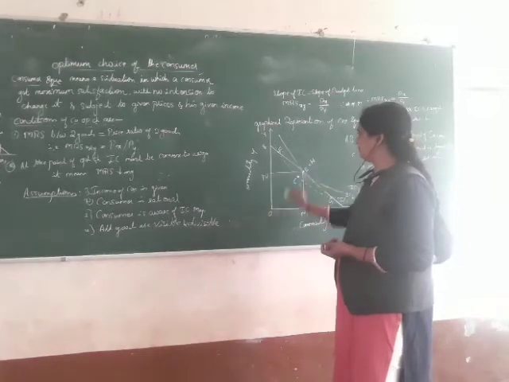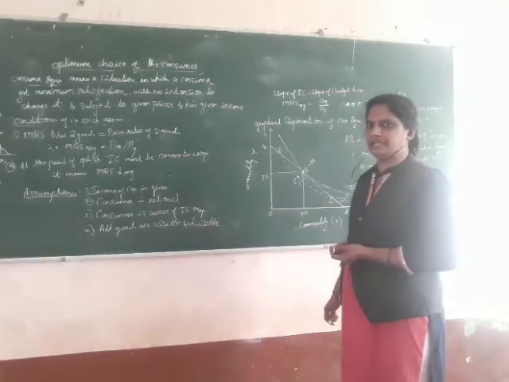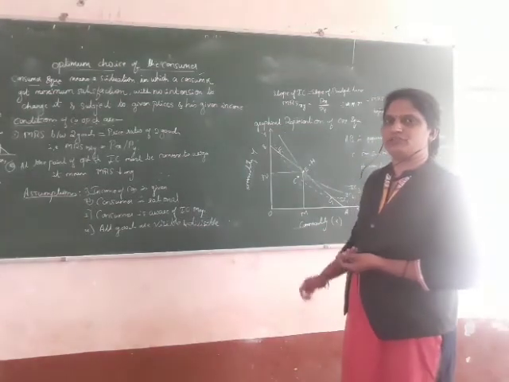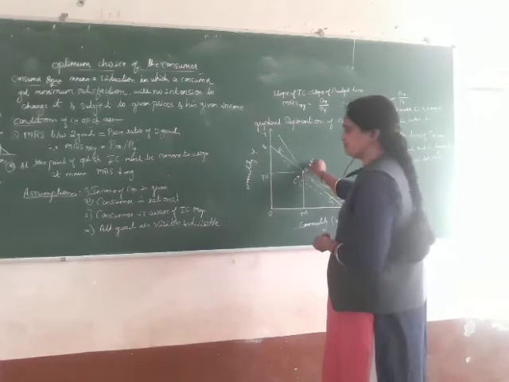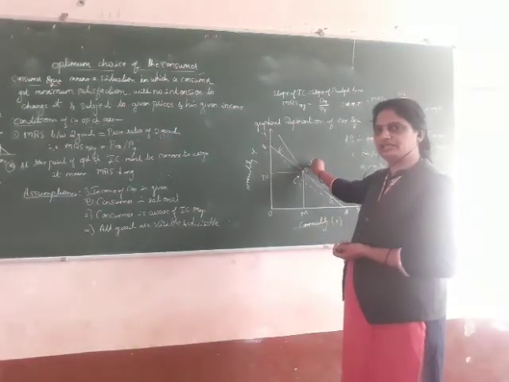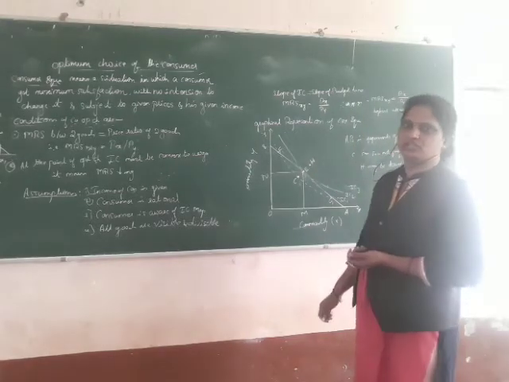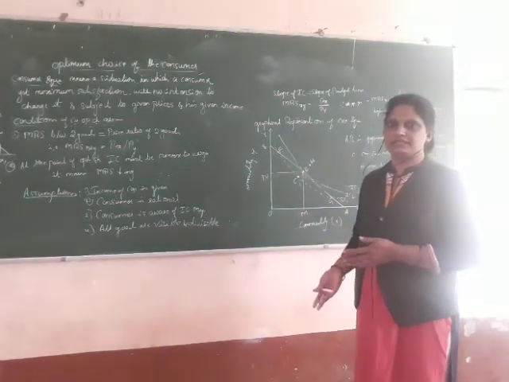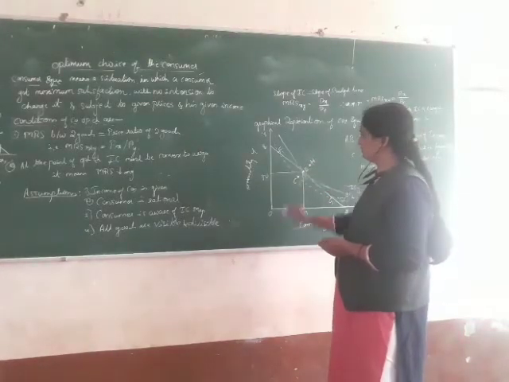And one more point is H. Point H is beyond his capacity. Point H may give more satisfaction to the consumer, but it is not attainable because it is above his income. So this is also not the optimal choice of the consumer.